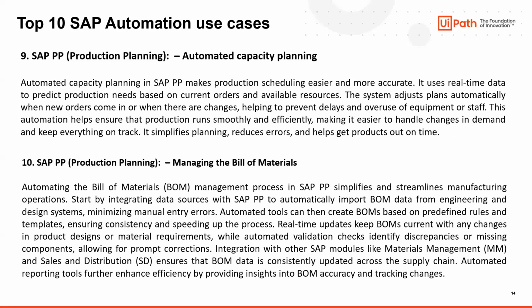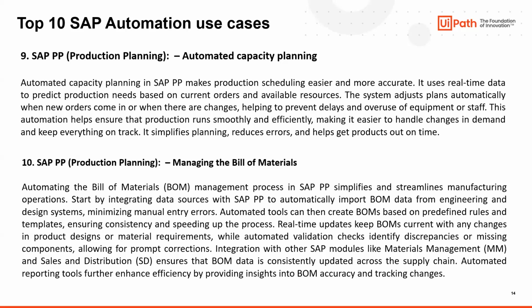Then next on the list is production planning, which is also known as SAP PP. And the use case which we were talking about, right, capacity planning, can be automated in this particular module, where it can use real-time data to predict the production need based on the current orders and available resources.